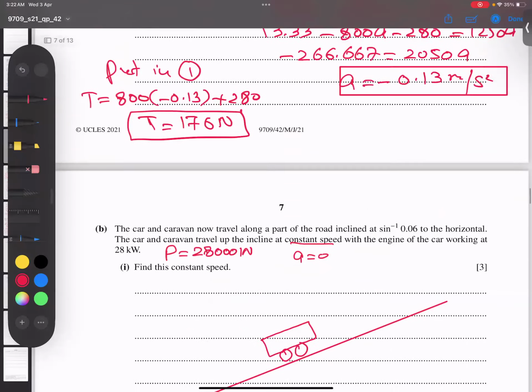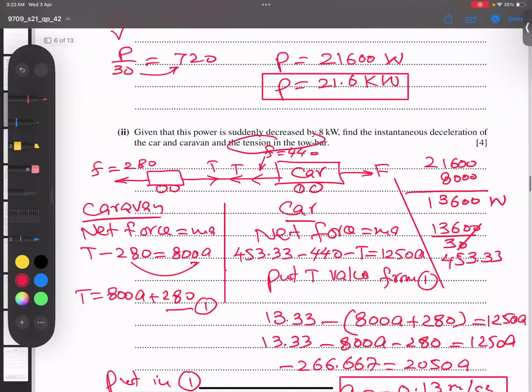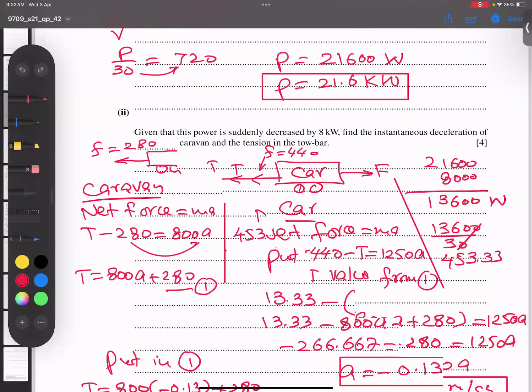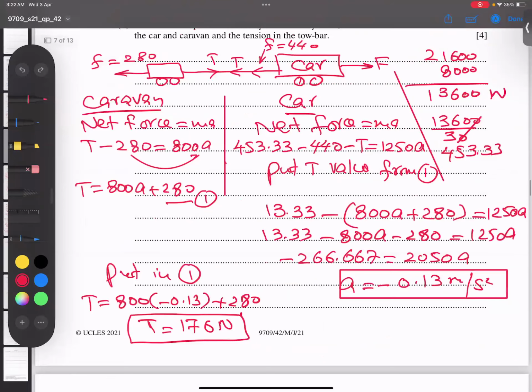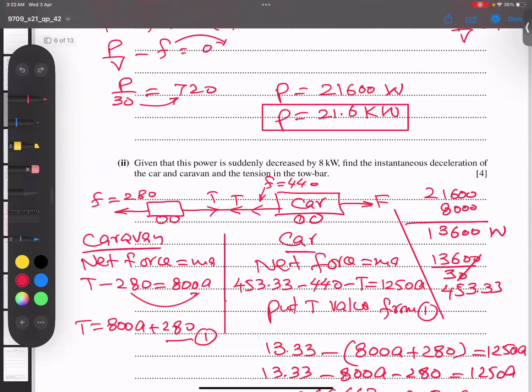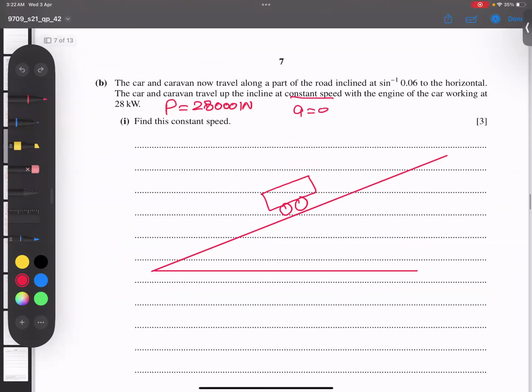Whenever we're looking for the tension or acceleration in the tow bar, then we have to make separate equations. We are bound to make separate equations, or sometimes extra values are given, like acceleration. If acceleration is given, we can use the equation to get the tension. But now the situation here is something different.